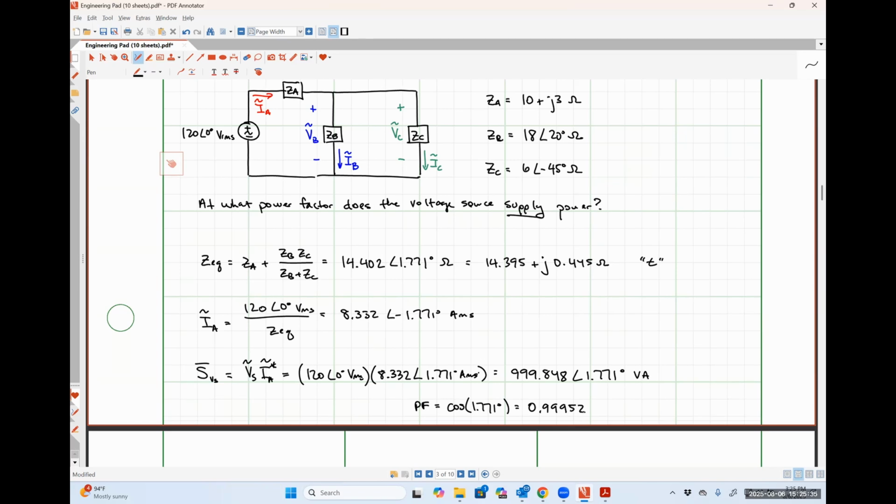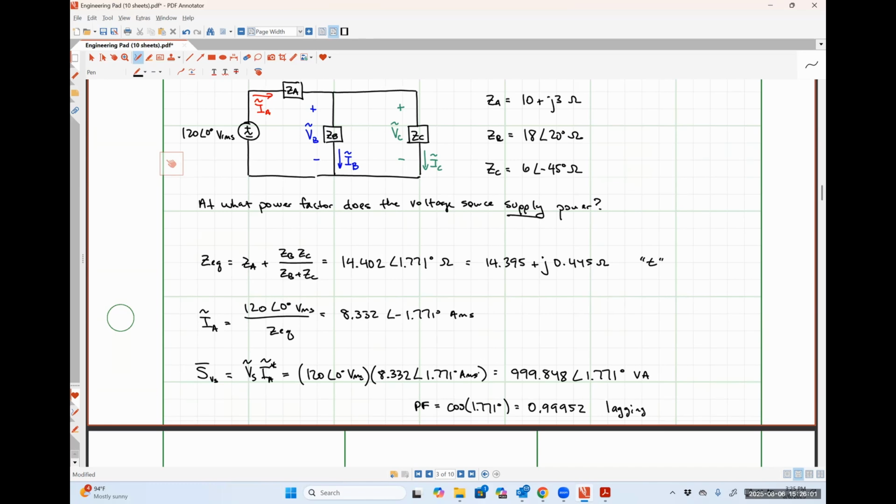Who can tell me if that power factor is leading or lagging? Lagging? Colin says it's lagging. Would you care to justify that answer? It is correct, by the way. Angles in between 0 and 90 degrees.